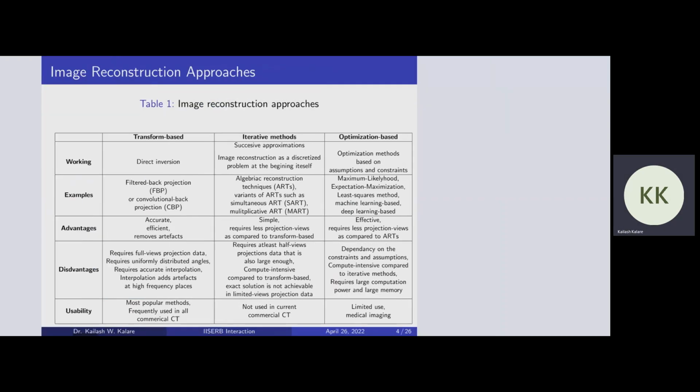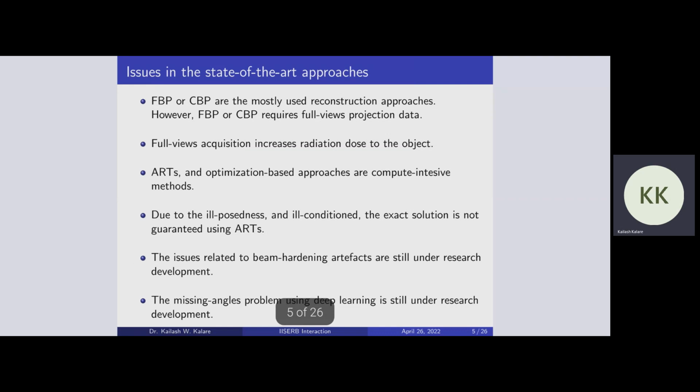The basic application of these optimization methods is medical imaging. So we have seen that there are three major types of image reconstruction method: the transform based methods, the iterative methods, and the optimization based methods. Image reconstruction is an inverse problem wherein we have the projection data and we have to reconstruct the object from that particular projection data.